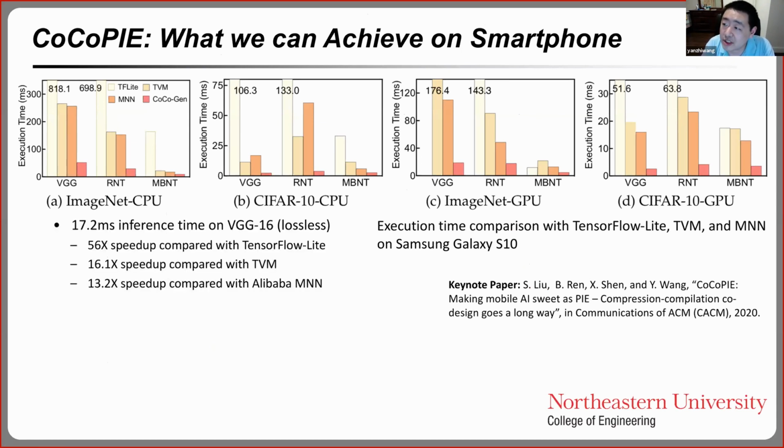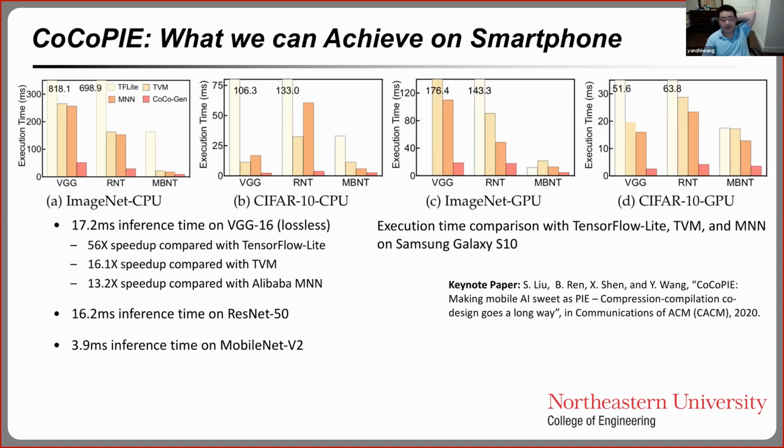What we can achieve on VGG16 is 17.2 millisecond inference time just using a phone. This is over 50 times speedup compared with TensorFlow Lite, and more than 10 times speedup compared with Alibaba MNN and TVM under the same accuracy.